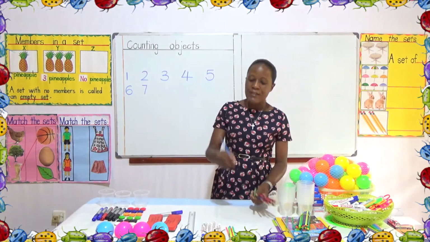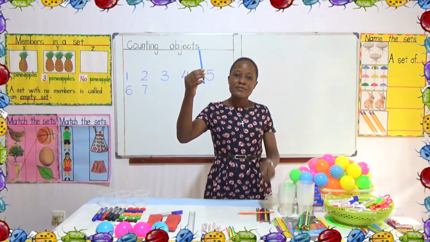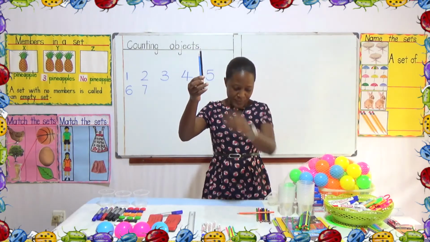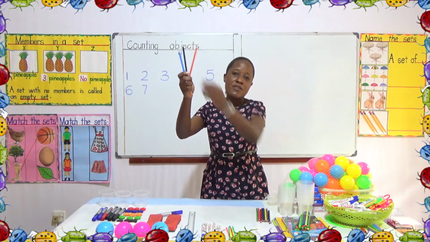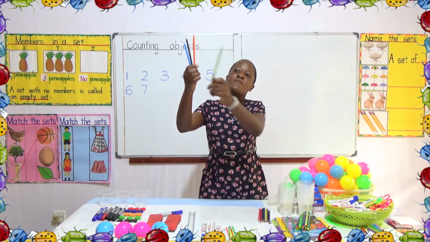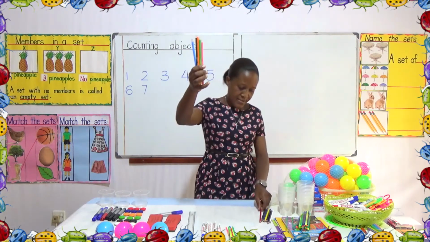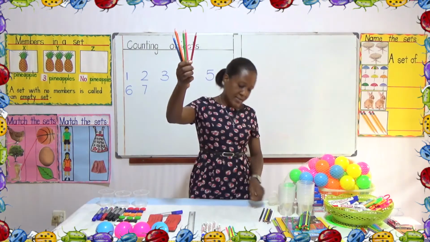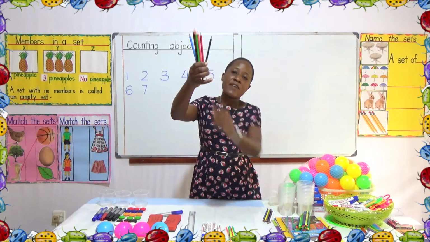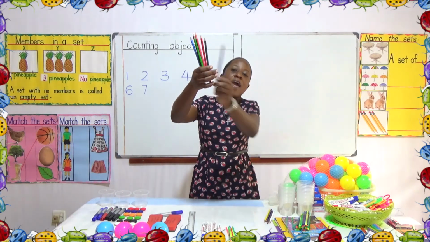Let's count together. That is 1, 2, 3, 4, 5, 6, 7, and 8.